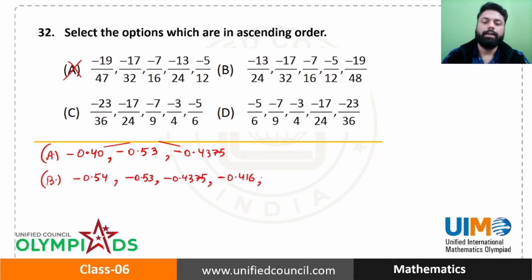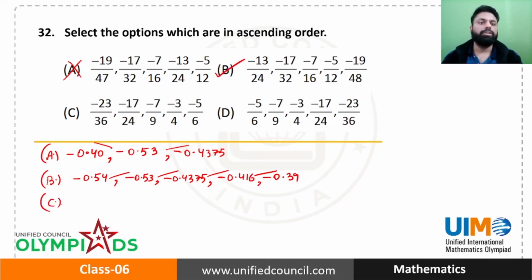And then 19 upon 48 is minus 0.39. It seems like the values are decreasing, but they are negative numbers, so this is increasing. This is the increasing order, B option.